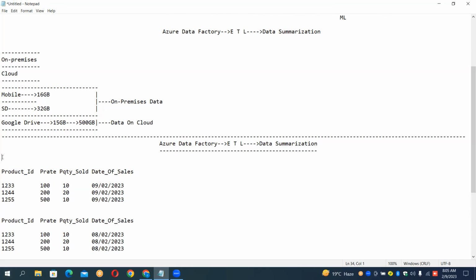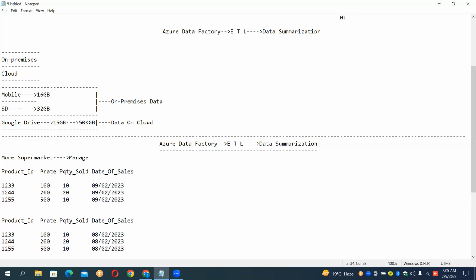Now let us say the supermarket here is More Supermarket, and the More Supermarket has a management.